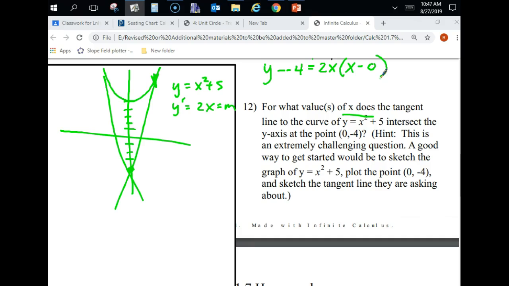It would be like 2x. You guys good? How does that help?